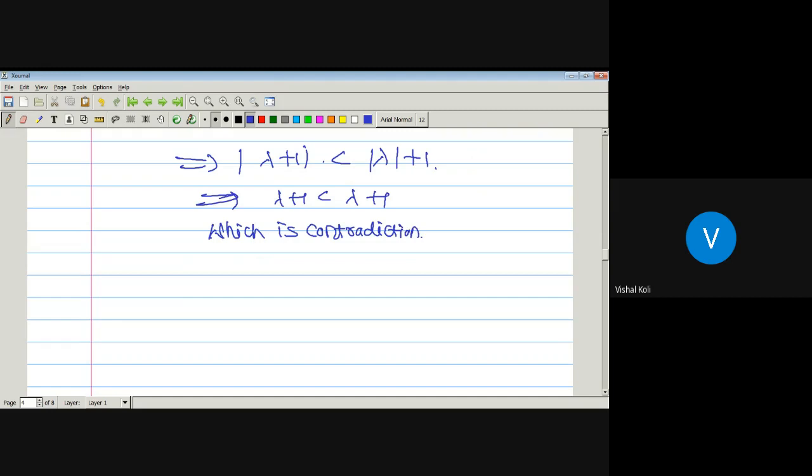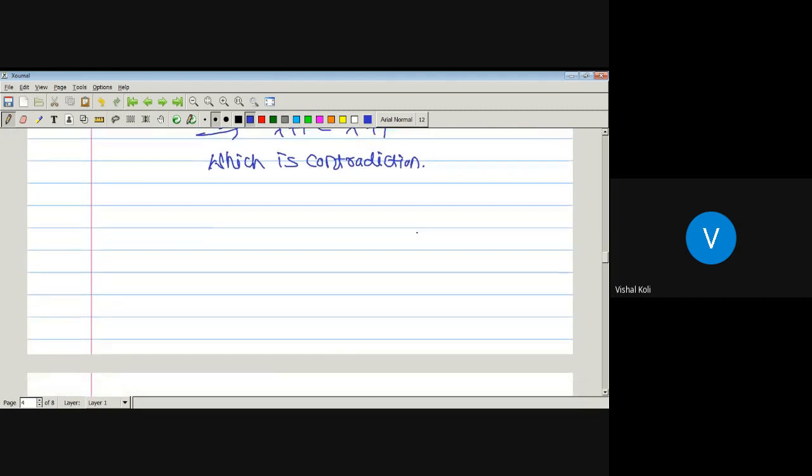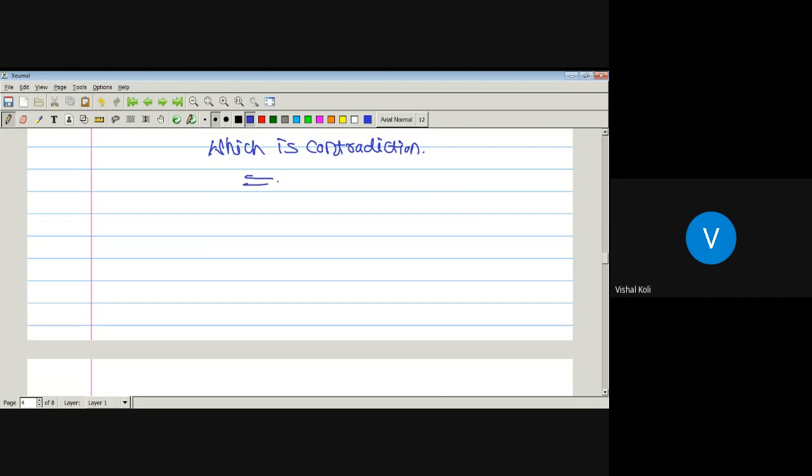And this contradiction arises due to our wrong assumption. Which wrong assumption? That lambda is greater than or equal to 0, which implies lambda must be less than 0. Therefore, f of z divided by g of z does not take any value in the closed interval 0 to infinity, since whenever we take lambda greater than or equal to 0, lambda plus 1 is strictly less than lambda plus 1, and this is not possible.